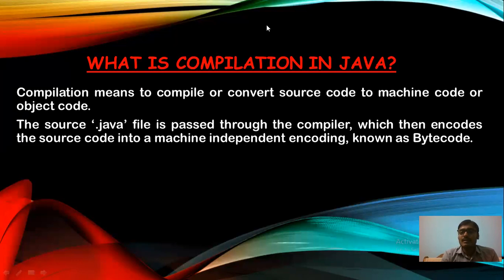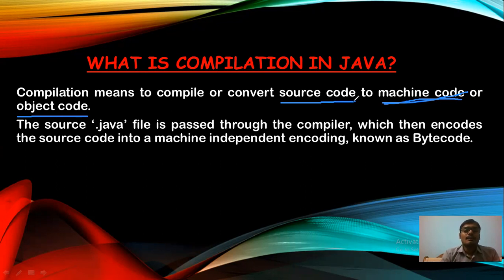The program which you have written in Java is known as source code. When it is converted into machine code, or object code, the computer will understand it. So your Java program must be converted into machine code so that the computer can understand what it has to do.